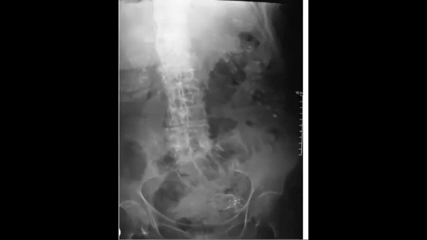And I see that some of you want to comment on this. So there is something that looks like a metallic tubular density, with a lattice or something inside, in the left iliac fossa. And probably there are no surrounding calcifications here. And it's nice when you mention on the X-ray of the abdomen that there is no free gas. Always search for gas in the abdomen, positive or negative.